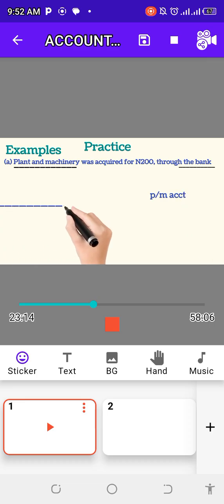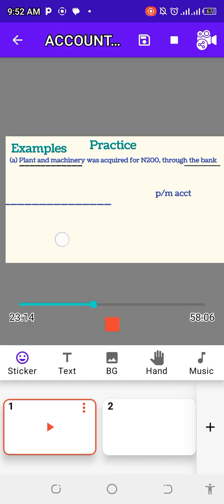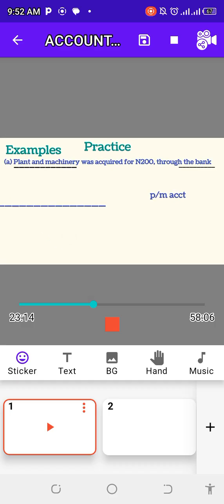Now we are going to turn it and see the dual effect of this single transaction. Plant and machinery account receives, so we have to debit it. Bank 200,000. That is all. And for the purpose of balancing it, we carry it down to the other side, the credit side.